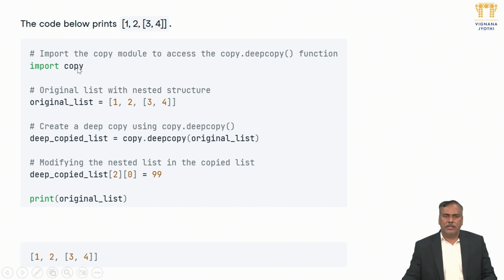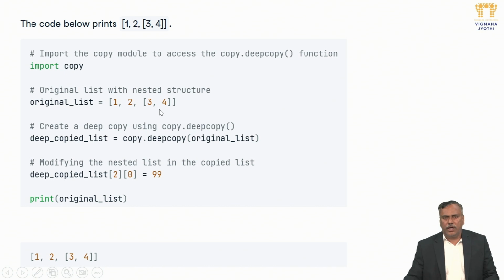Here is an example. This is the original list 1, 2, 3, 4 and this is a duplicate list. Deep copied list is the name given, and it has been created using the deep copy function. To use deep copy, you import copy and then call copy.deepcopy. I am making a change to this duplicate list in position 20.